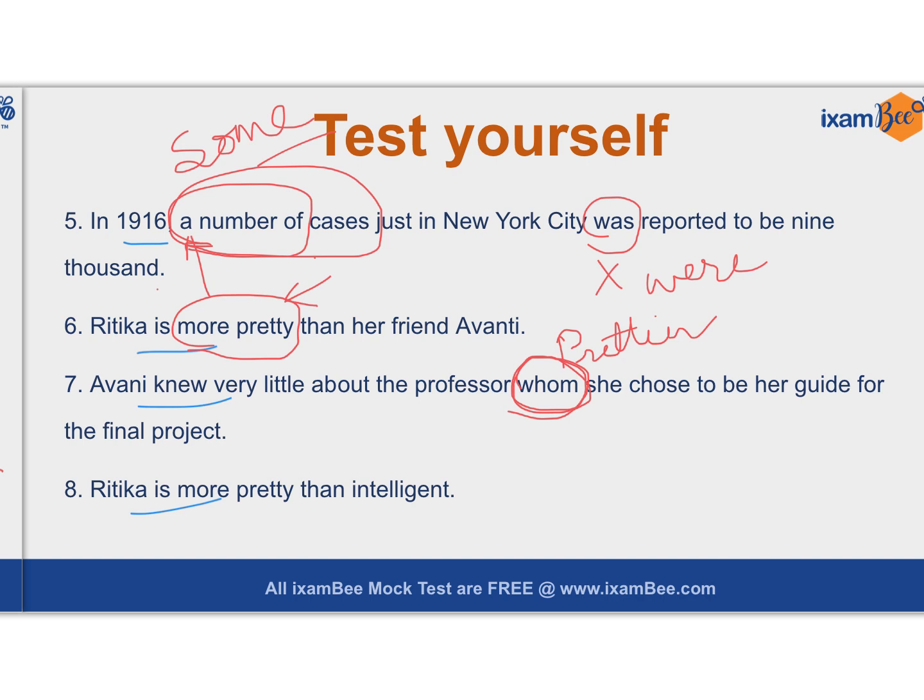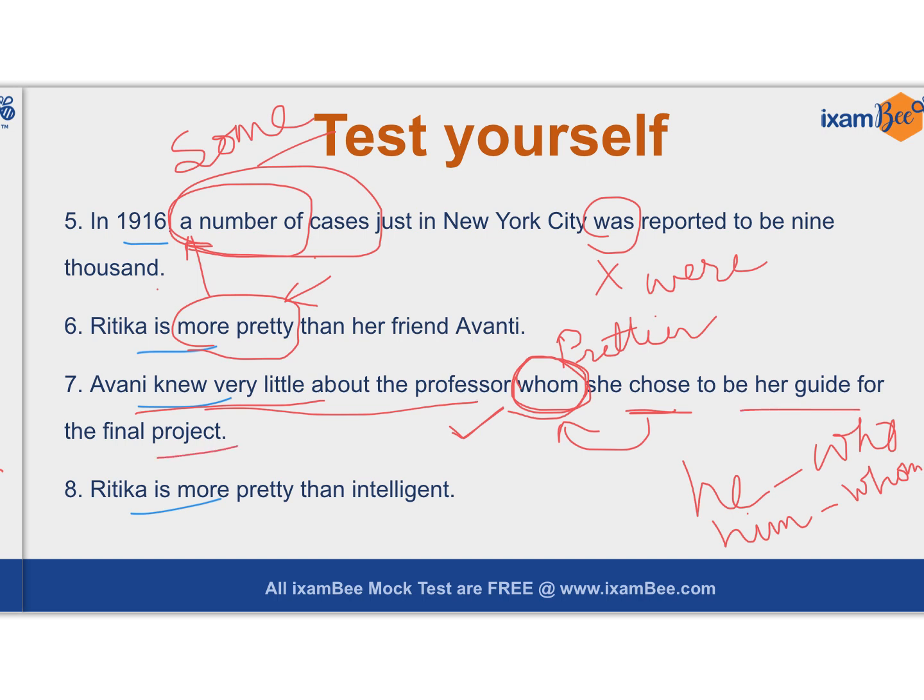If you are able to replace it with he, it is going to be who, and if you are able to replace it with him, it would be whom. So here, she chose him or she chose he? She chose him. So whom is correct. So this sentence is correct. Also, no other mistake is there. So this sentence is correct.